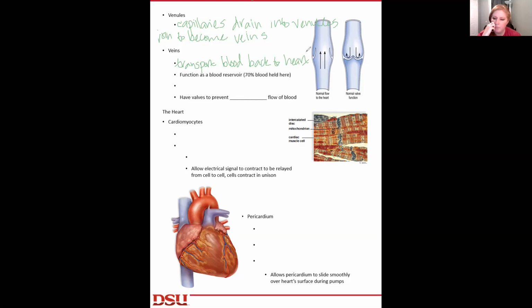A reservoir is like where you're holding fluid, right? Well, the veins hold a bunch of blood. It's not exactly backup, but the heart itself isn't holding blood that it's pumping back out. The heart has blood sent to it back from the veins, but the veins actually kind of hold on to a decent amount of that blood as it gets sent back up to the heart.